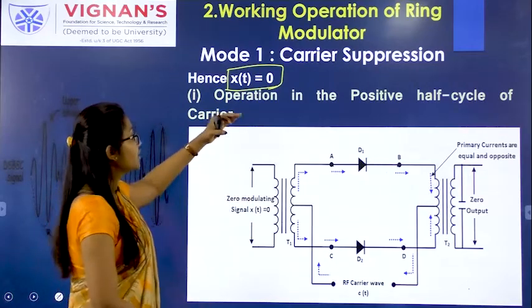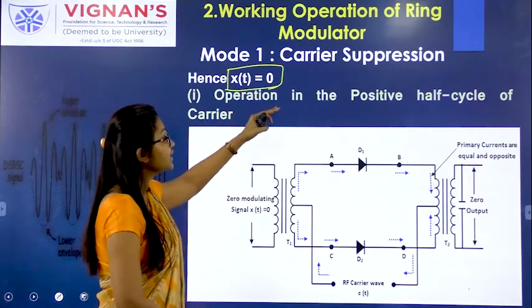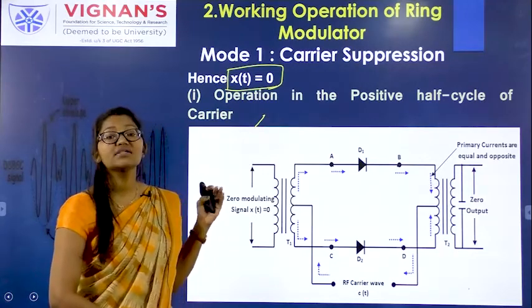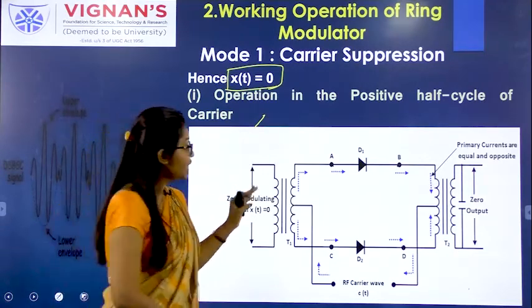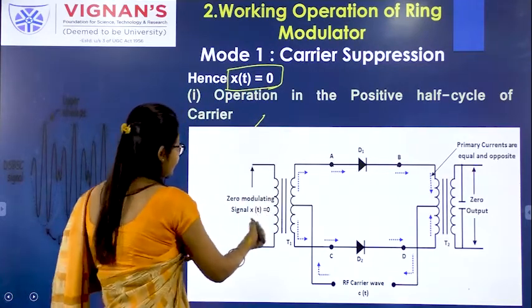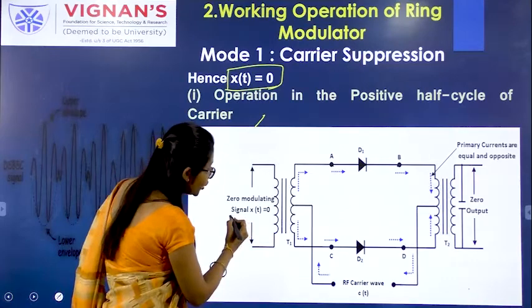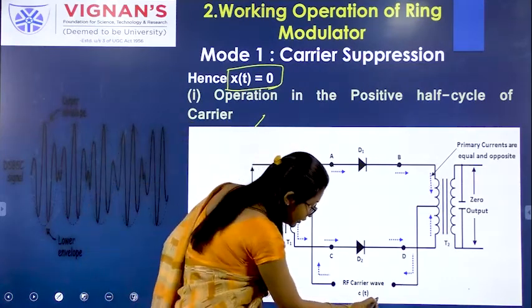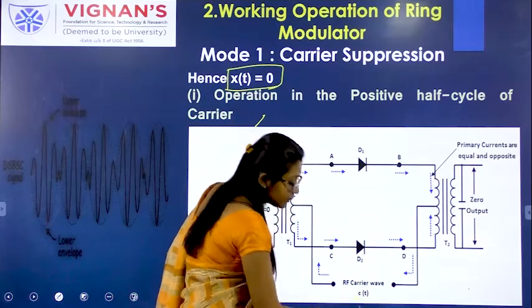So in this without modulating signal case we are considering carrier suppression. So how are we suppressing the carrier? Let's see. In the first case, carrier suppression, I am taking the modulating signal x of t equal to 0 and the carrier wave I am giving here.